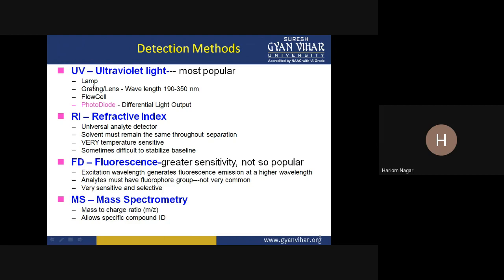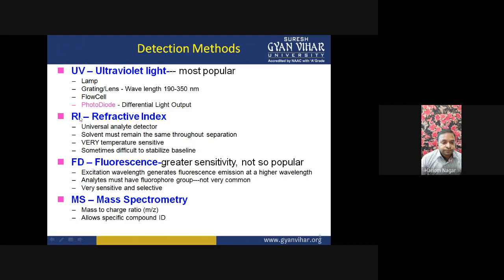The light source used in this detector is actually the lamp, with a grating or lens. The wavelength of this grating or the lens is 190 to 350 nanometer. And the photodiode array detector is also used for the detection of the compounds in the sample in the HPLC, right?